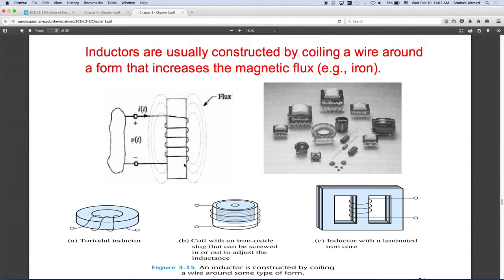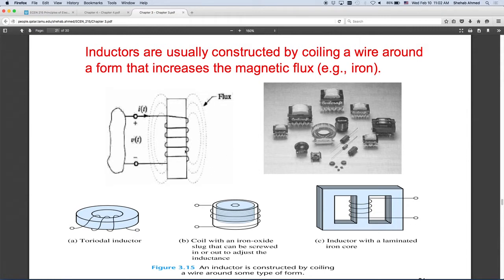If you're not linking all these turns, then you're not storing the flux around this inductor uniformly. You link all of these, you're defining the path, then all the flux lines are flowing through this core and linking all the turns, right? So any current flowing in any of these turns will create flux that is confined to a certain space, that is adding up to all the flux that's stored around this inductor, right?